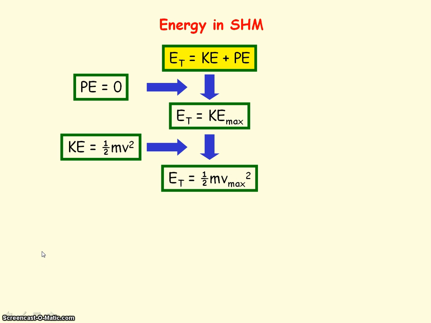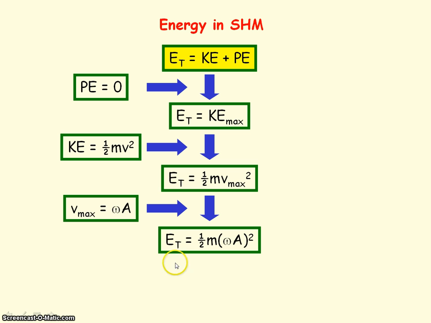In simple harmonic motion, the maximum velocity is equal to the angular frequency omega times the amplitude A. So if we were to substitute for v max into the equation for total energy, we would get E total equals a half m times v max squared, and v max is omega A, all squared.